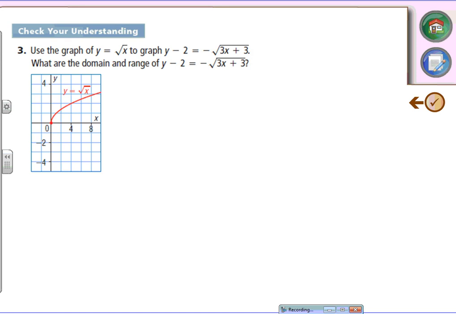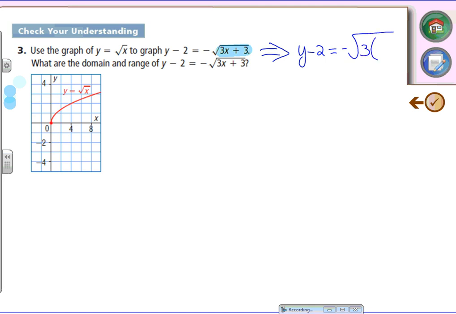y equals the square root of x. Graph that. And then what's the domain and range? Ooh, they're being tricky here. Look carefully. What do we notice? It's not double bracketed. So first thing, before we can even start any of this work, we've got to take it and factor out.